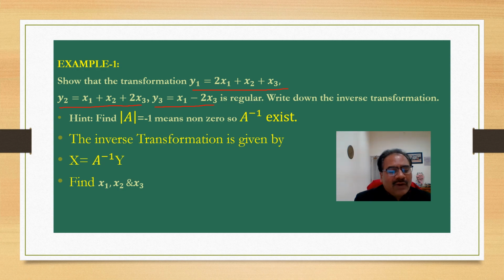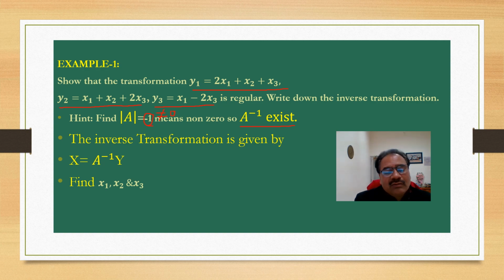If you find the determinant, you will get minus 1. Minus 1 means it is non-zero, and only if it is non-zero does A inverse exist. The inverse of a matrix may exist only in the case of a non-singular matrix. So the first criterion is that we find the determinant of A, and it should be non-zero.